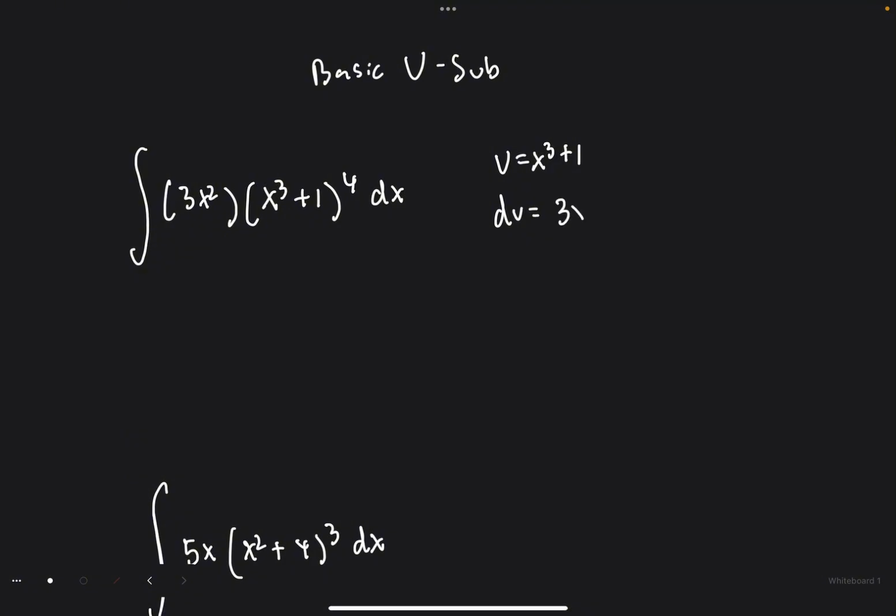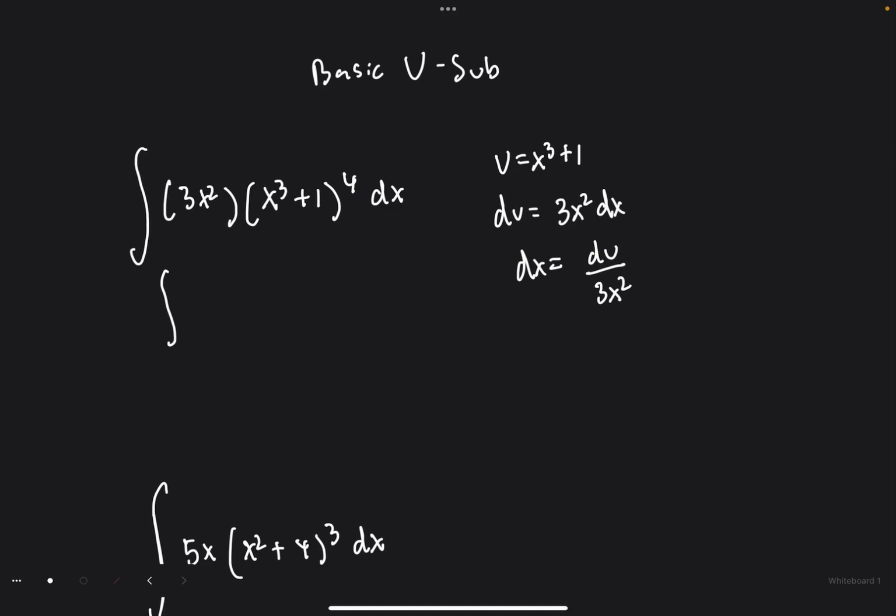So 3x squared, we have to add a dx. So then we have to know what dx is equal to, so we can re-evaluate using something that's not just dx. So this would be du over 3x squared. And look how nice, we were able to cancel out 3x squared.